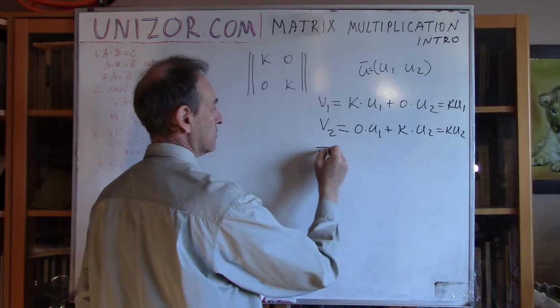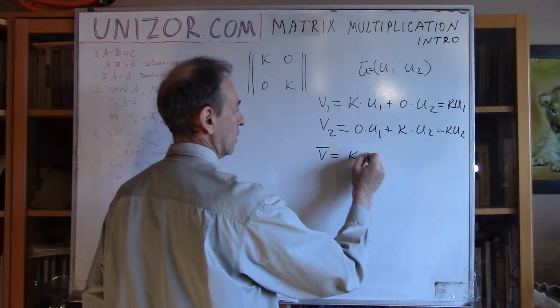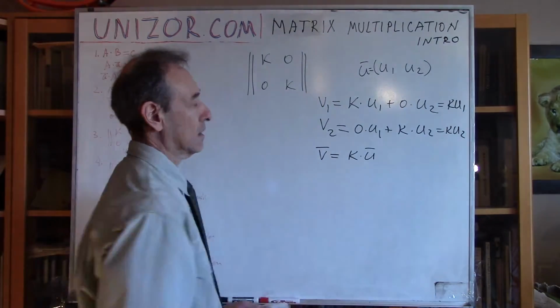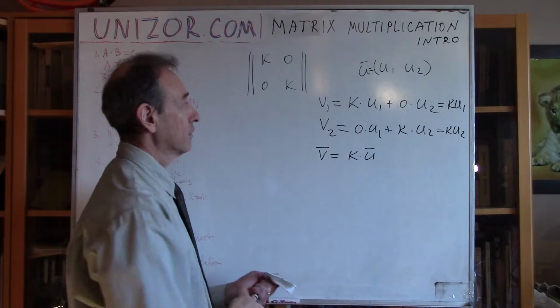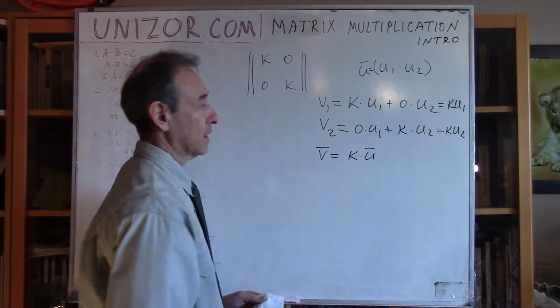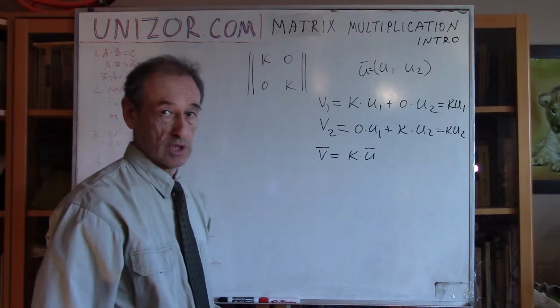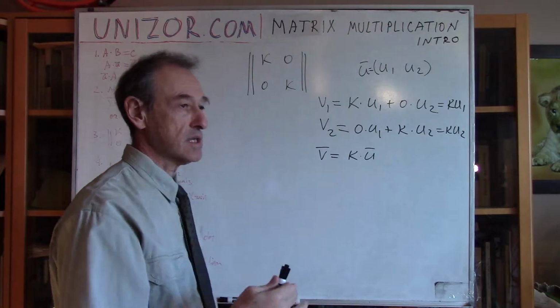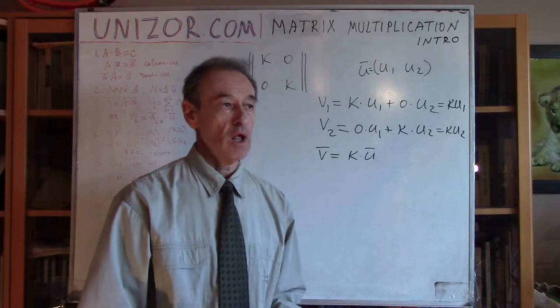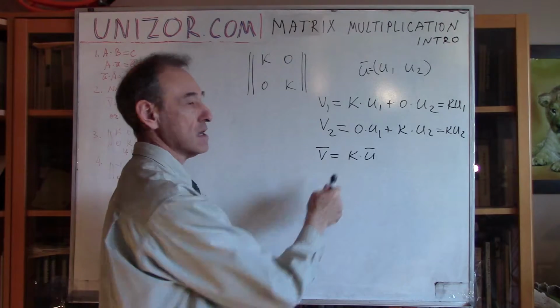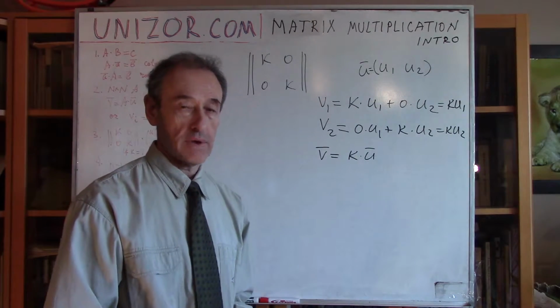We have that the vector v is equal to k times vector u, right? If you multiply a constant by a vector, you will multiply each component, and that's exactly what vector v actually is.